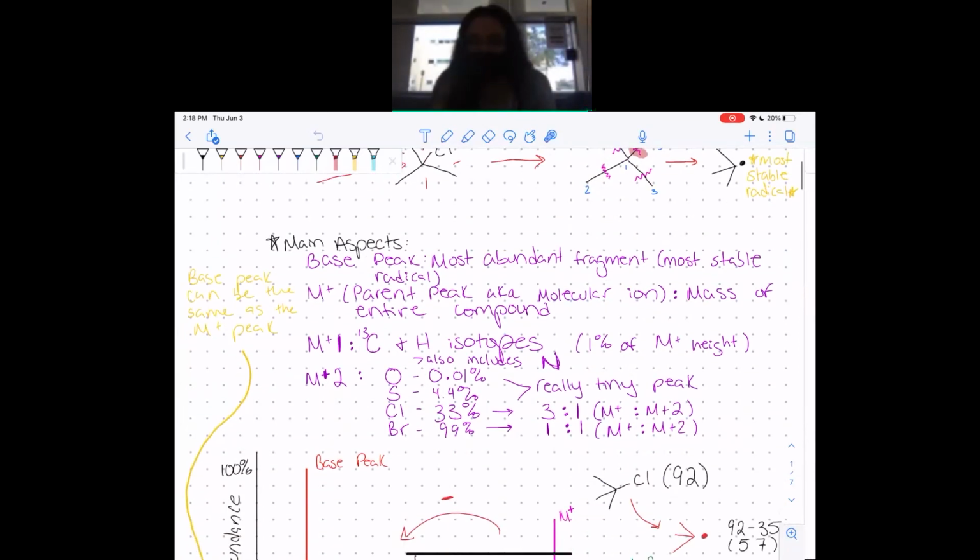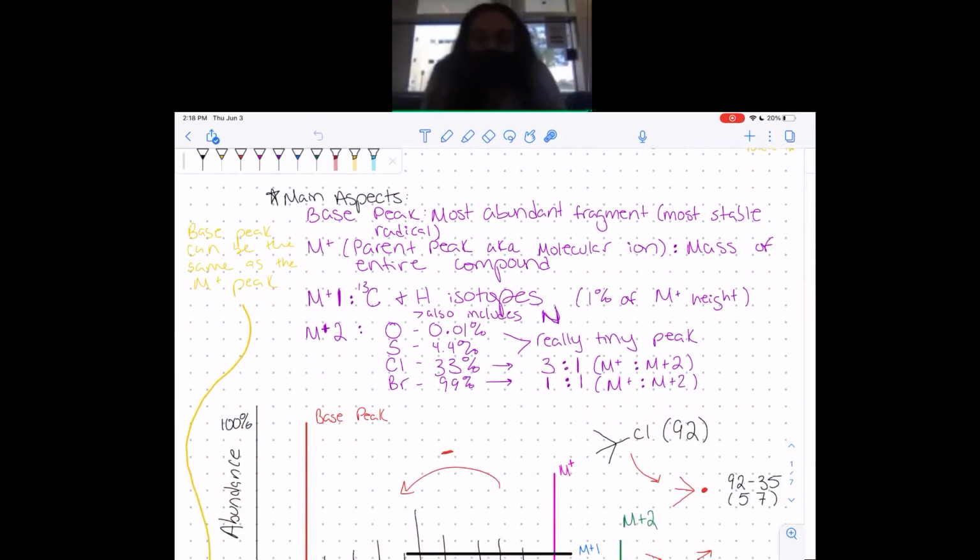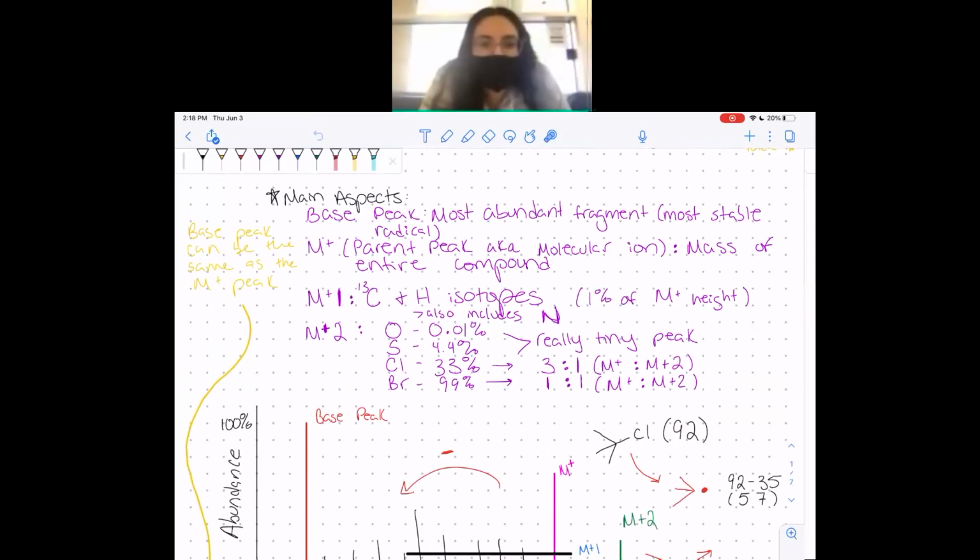No? Okay, cool. So the four main aspects are the base peak, the M+ peak, the M+1, and the M+2. And so the base peak is basically the most abundant fragment, which correlates to the most stable radical.